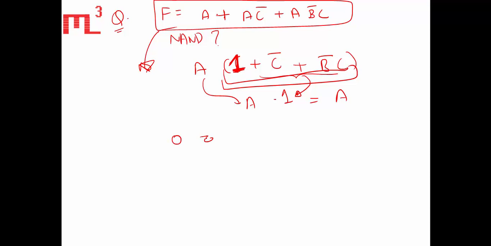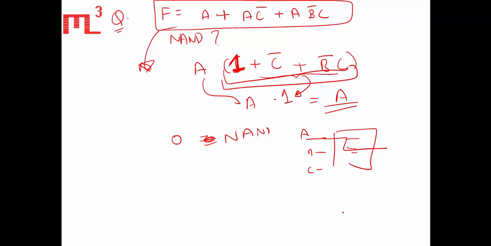So 0 number of NAND gates required. You have only a. If this is a black box, a is there, b is there, c is there, just put this a outside. So 0 number of NAND gates are required to implement this expression.